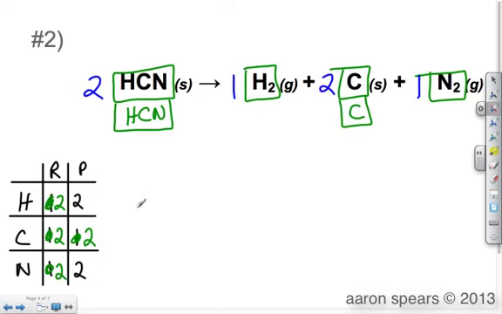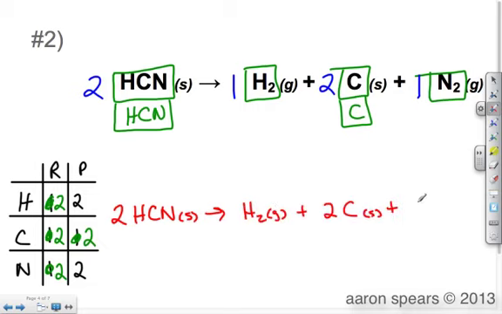To finish up, I'm going to write the balanced chemical equation. Remember, leave the boxes off. Do not write the coefficient of 1. And so I get for my balanced chemical equation 2 solid hydrocyanic acid molecules decompose to give me a hydrogen molecule, 2 carbon atoms, and 1 nitrogen gas molecule.